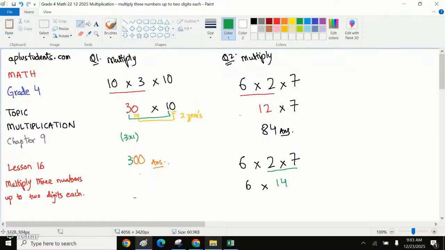So in multiplication, the order will not matter, but we have to multiply all three numbers together. And we know that 6 multiplied by 14 is also 84. And that is still the same answer. So we need to keep in mind that changing the order in multiplication would not change the answer, even if it's a 2-digit number or a 3-digit number.